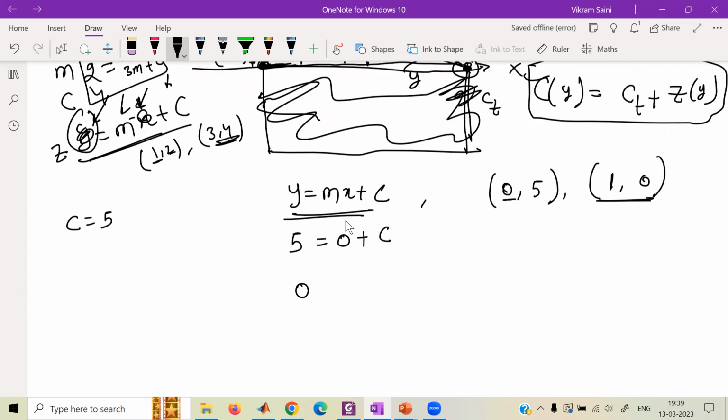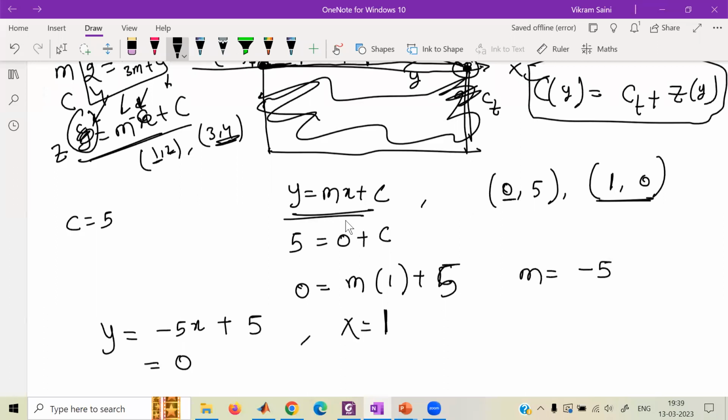So the equation becomes y equal to minus 5x plus 5. When you put x equal to 1 here, you find that you are at 0. It satisfies the original condition. x equal to 0, the answer is 5. It satisfies.